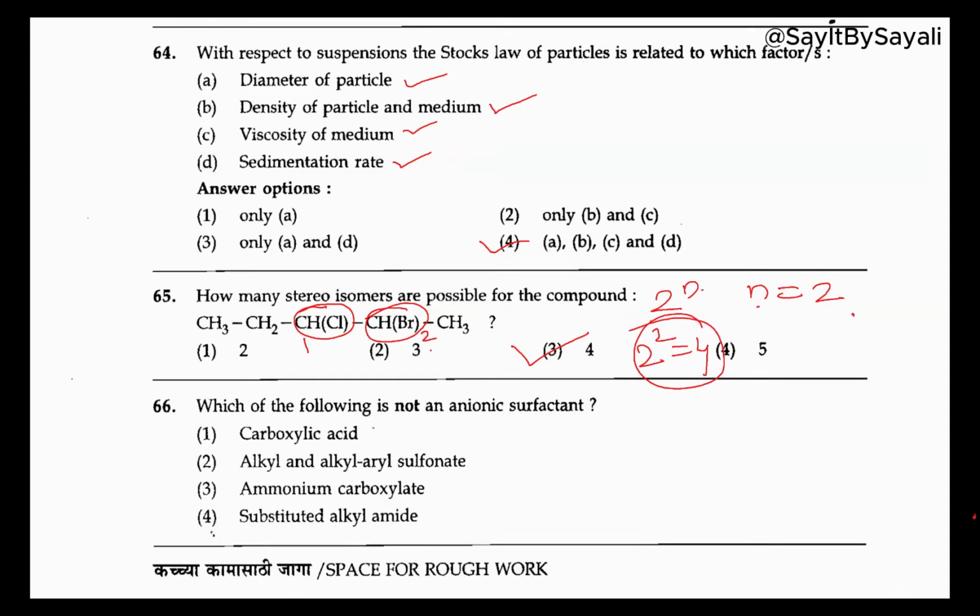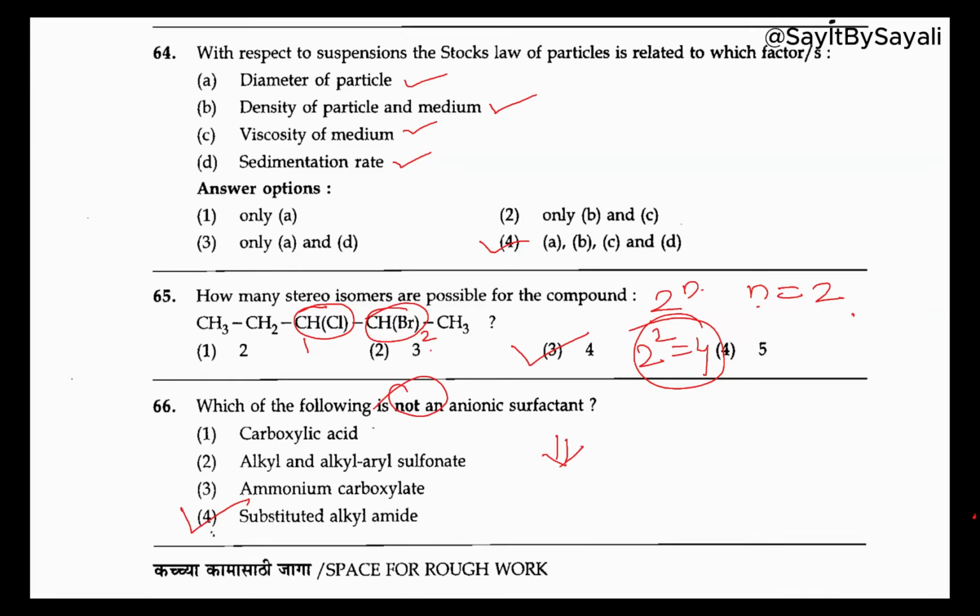Question number 66. Which of the following is not an anionic surfactant? 1. Carboxylic acid. 2. Alkyl and alkyl aryl sulfonate. 3. Ammonium carboxylate. And 4. Substituted alkyl amide. Comment the answer below, which is the correct option. And the correct option is 4.